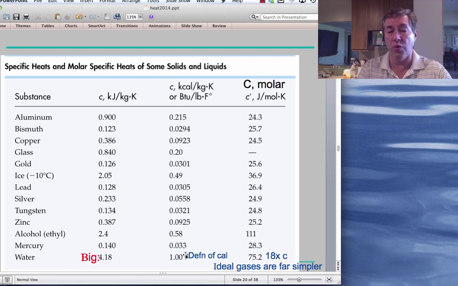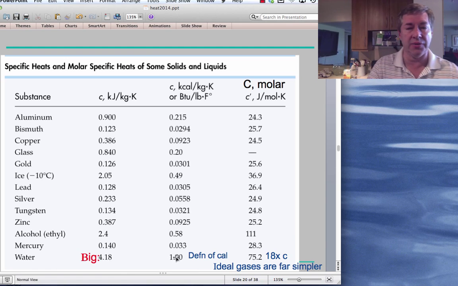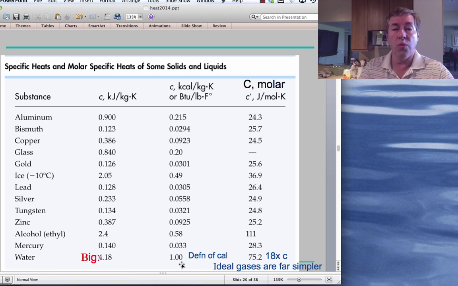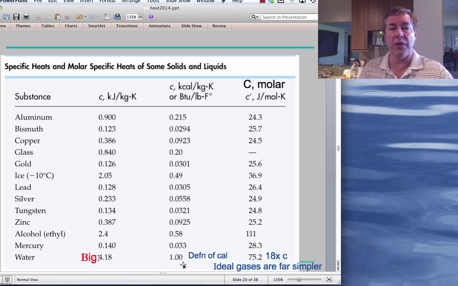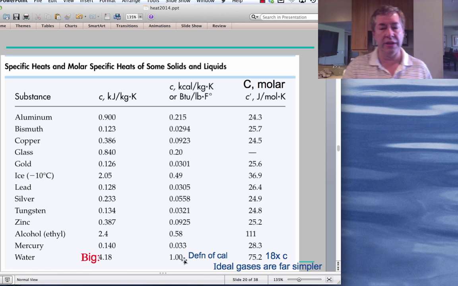Or if you want the definition of a calorie, remember a kilocalorie was 4,180 joules. By definition, 1 calorie is enough to raise 1 gram or 1 cubic centimeter of water by 1 degree. So a kilocalorie, 1,000 calories, is enough energy to raise 1 kilogram of water by 1 Kelvin.